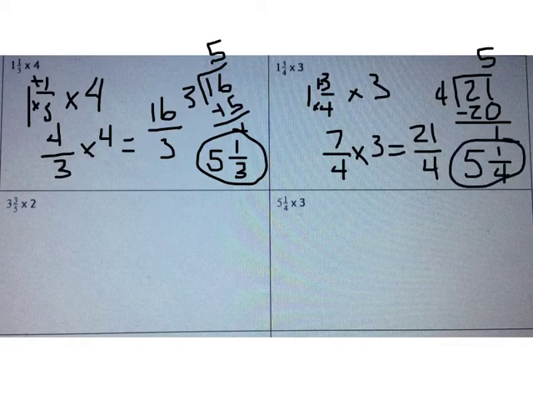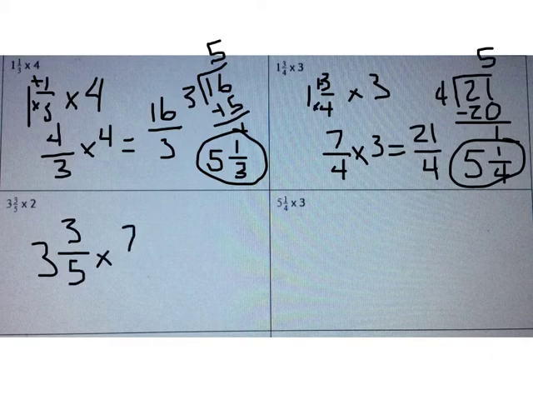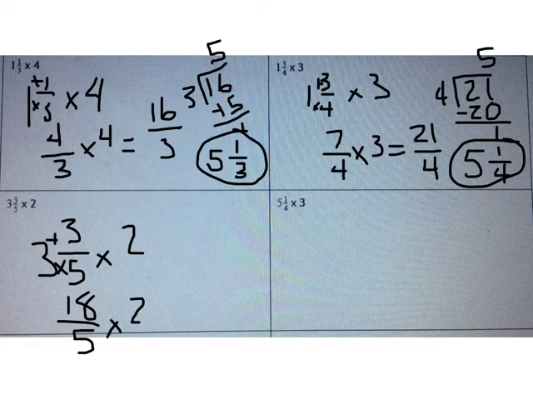Let's try another. What's 3 3/5 times 2? First, how do I write 3 3/5 as an improper fraction? Well, 3 times 5 is 15, plus 3 more is 18 over 5. What's 18 over 5 times 2 written as an improper fraction?